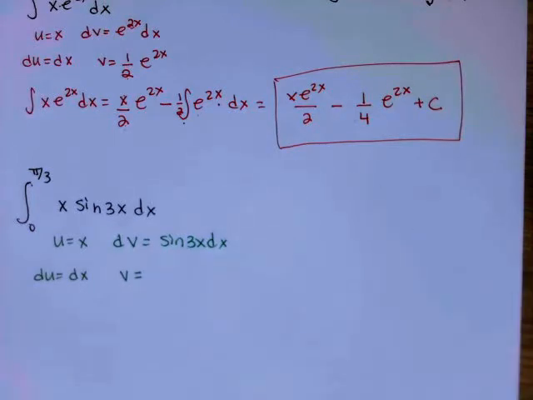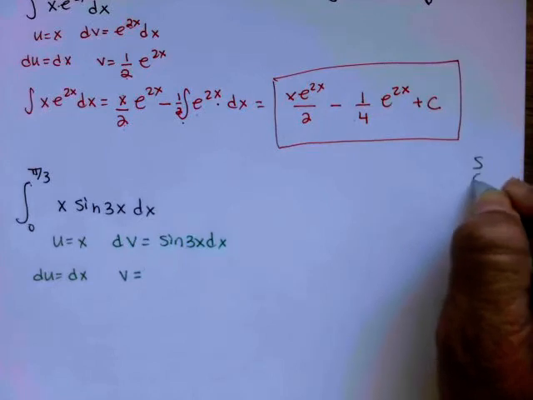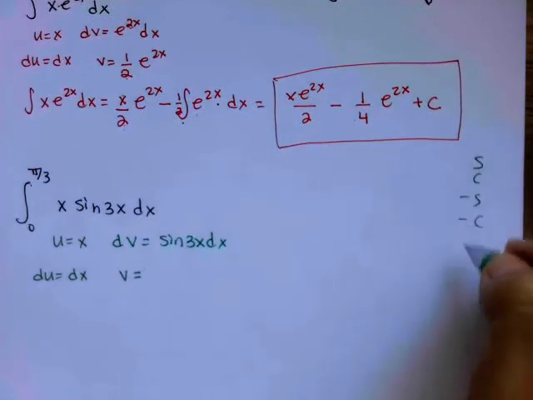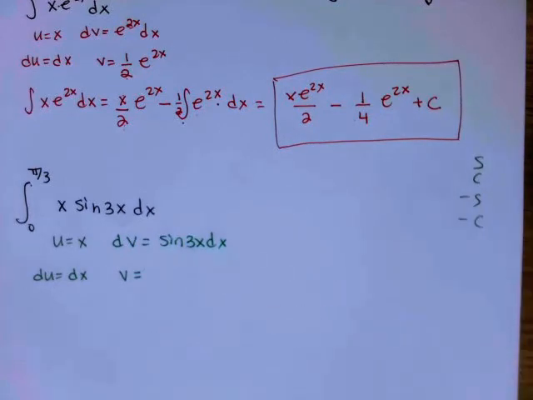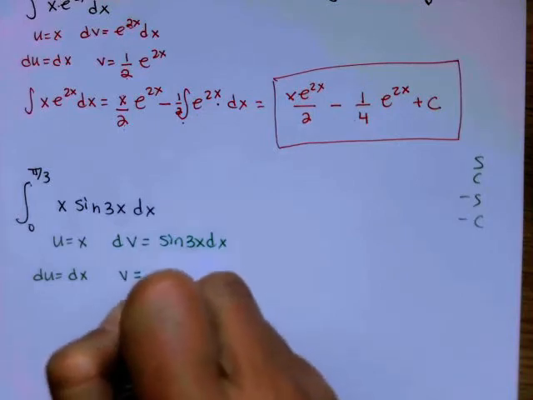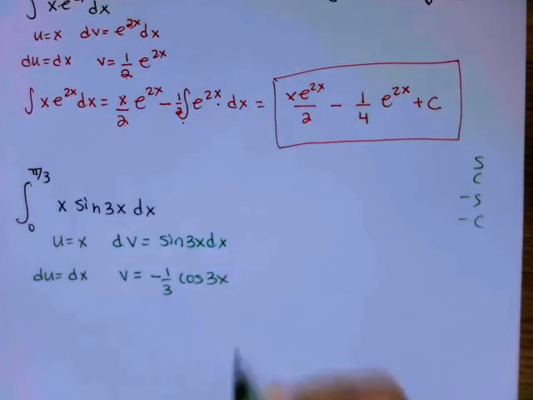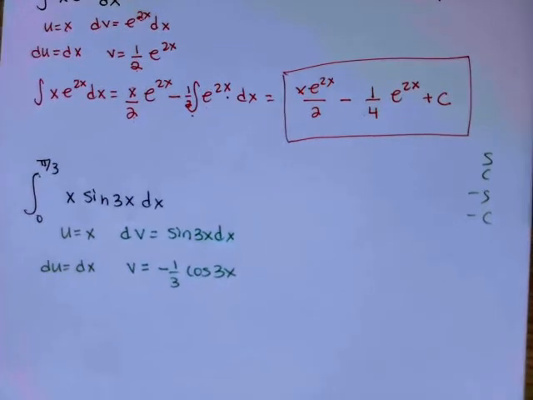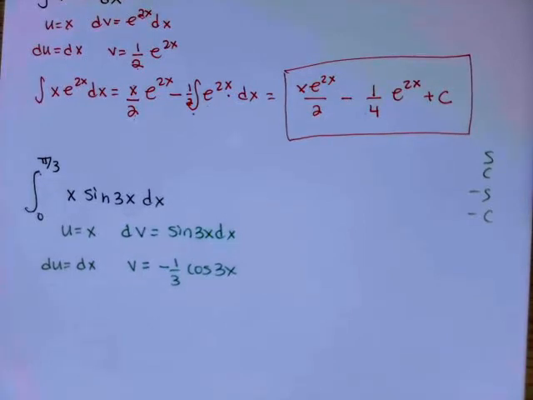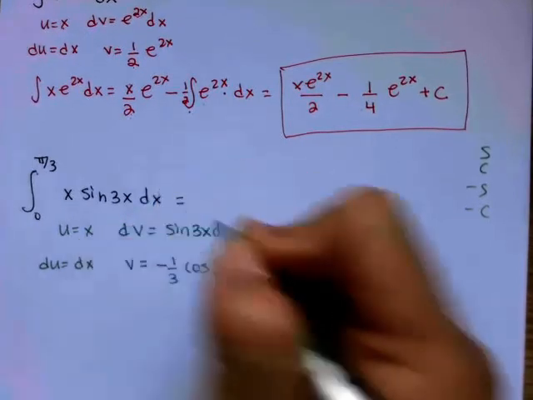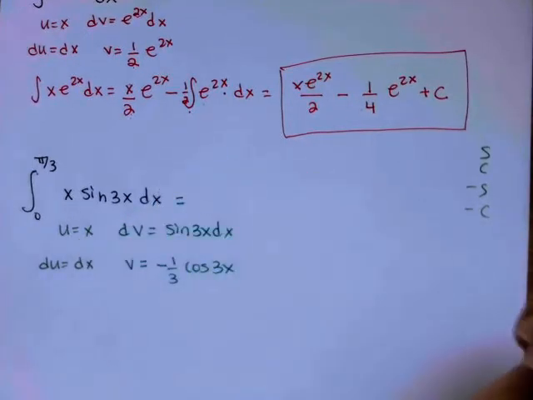v equals, so sine goes to negative sine, so that will be negative 1/3 cosine 3x. So I'm going to leave off my limits of integration until I get to the end, until I'm ready to integrate.